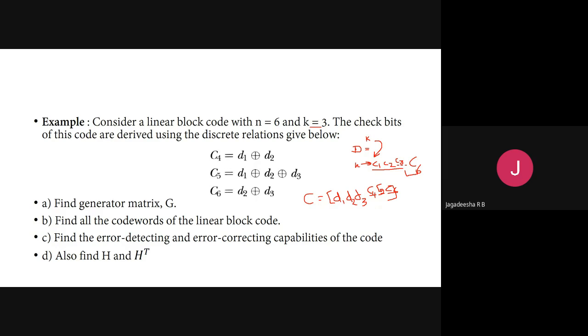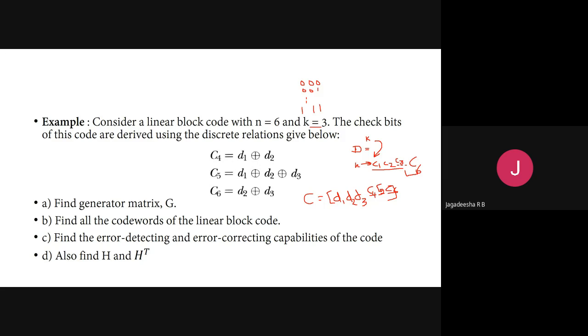So do you know what D1, D2, D3 are? You don't know, right? So you need to think, when you have 3 bits, what different combinations you have. With 3 bits, you can have 0, 0, 0, next 0, 0, 1, and so on up to 1, 1, 1, right?